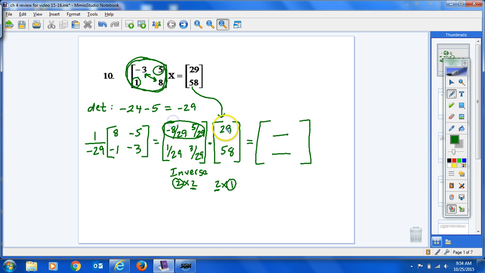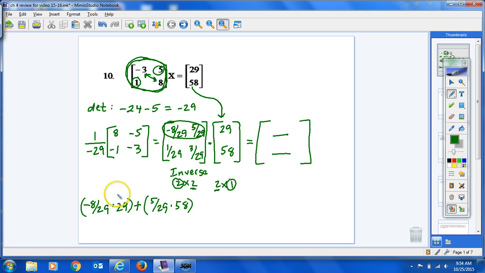Okay, so for getting this top number, which represents row 1, column 1, just think about multiplying row 1 times column 1, really is the only column we have. So let's just write this out. Negative 8/29 times 29, and we add the product of 5/29 times 58.